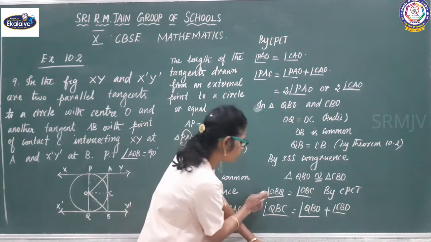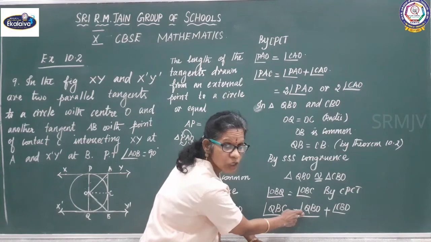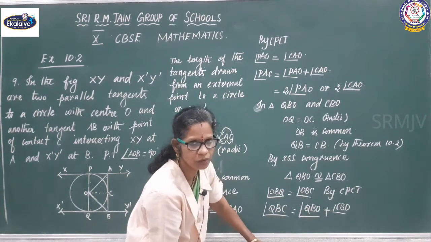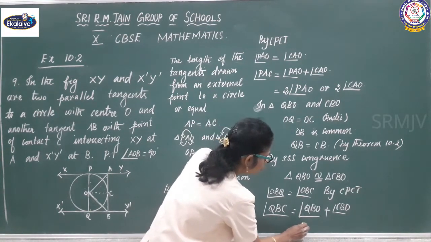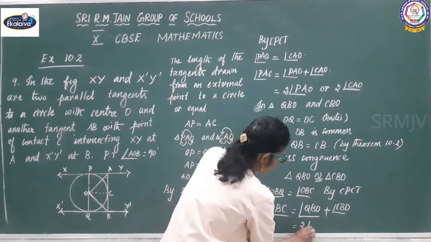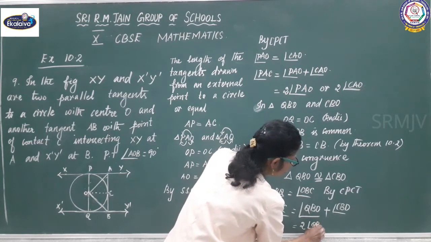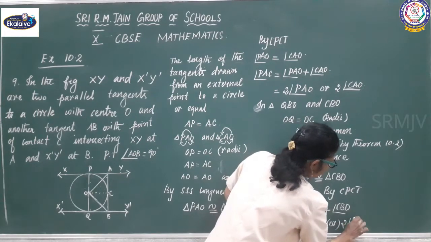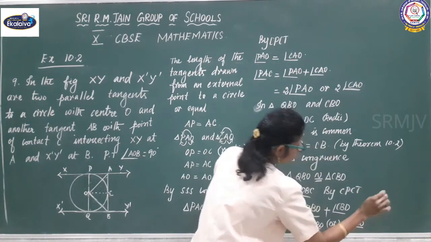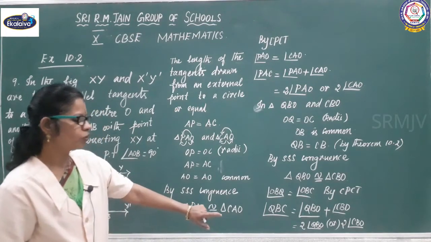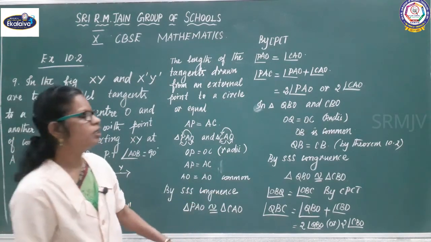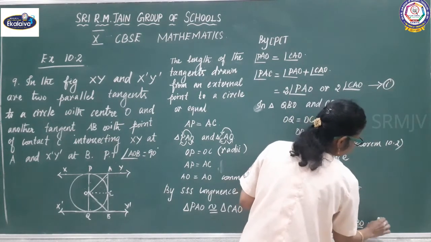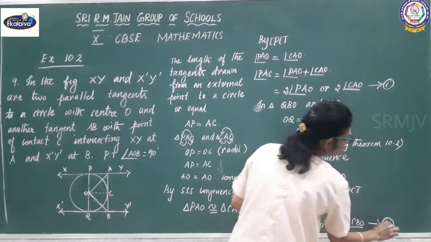You can write like this: angle OBQ is equivalent to angle QBO, angle OBC is equivalent to angle CBO. So, what is your part? 2 times angle QBO or 2 times angle CBO. This one you should consider as equation number 1. This is your equation number 2.